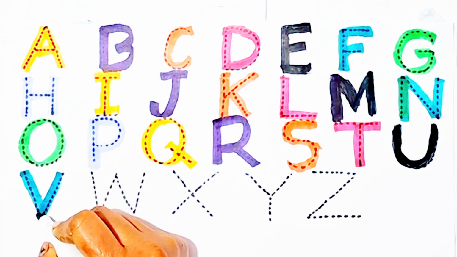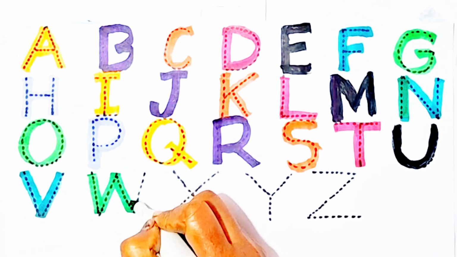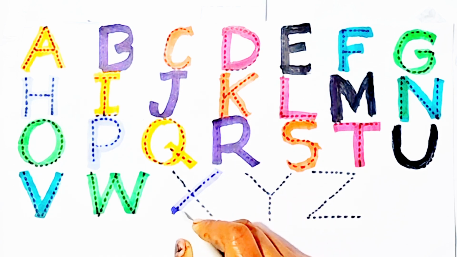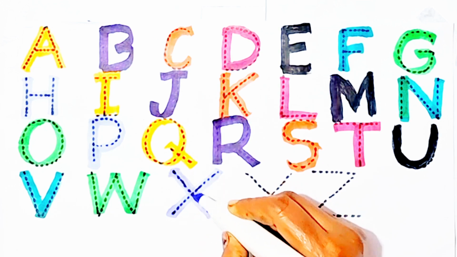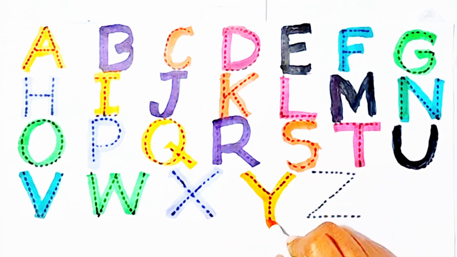V for vanilla. W for watermelon. X for xigua. Y for yellow plum.